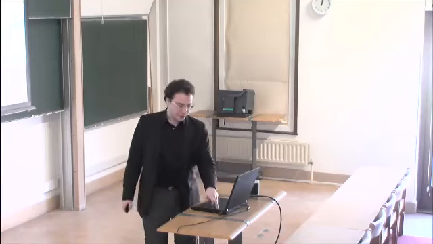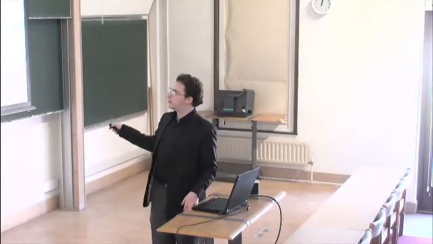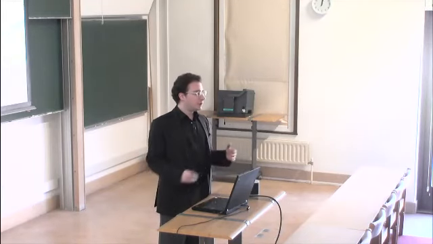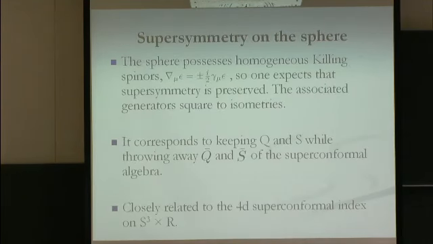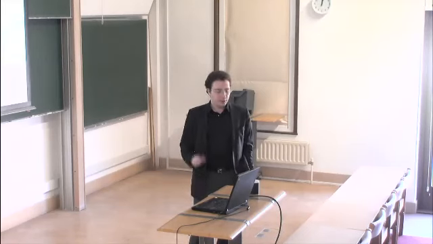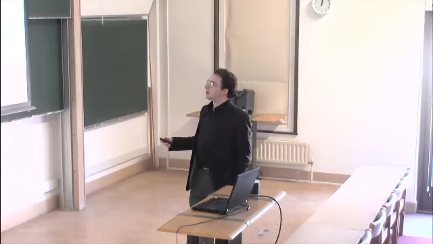Okay, so any theory in flat space with N=2 superconformal symmetry, of course I can put on the sphere using a conformal transformation because the sphere is conformally flat, but in fact it has the same superconformal group as flat space. But you can also just put theories without conformal invariance on the sphere, and this is basically because it has homogeneous Killing spinors, which satisfy this equation, so that the supercharges square to isometries rather than to conformal transformations.